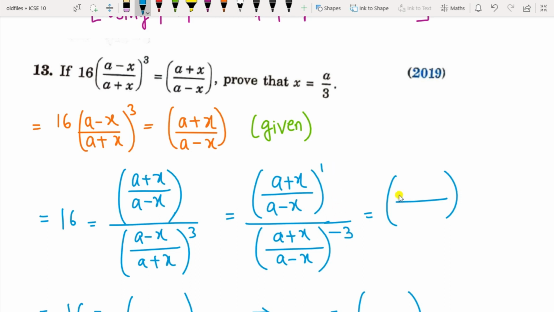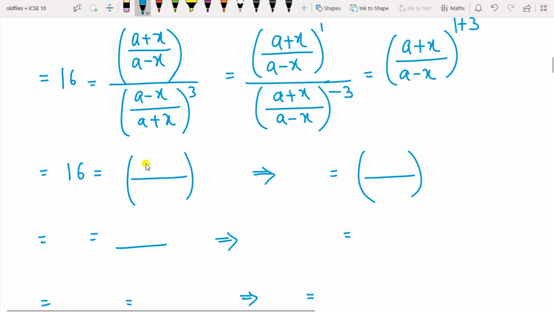So minus minus will become plus, and this will be (a plus x) upon (a minus x) to the power 1 plus 3. Therefore 16 equal to ((a plus x) upon (a minus x)) to the power 4. But 16 means 2 raised to 4, so this power 4 will get cancelled from both sides.